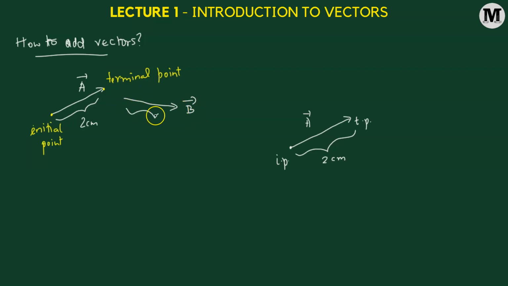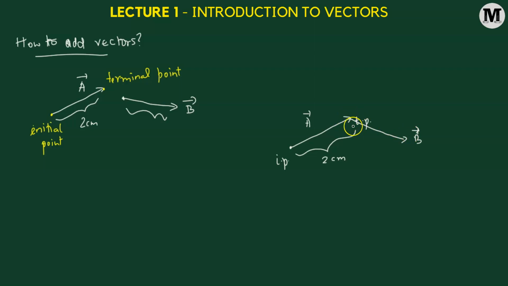We are going to join the initial point of vector B with the terminal point of vector A. So let's place it. This is going to be vector B, making sure the length and direction of vector B are not altered at all.